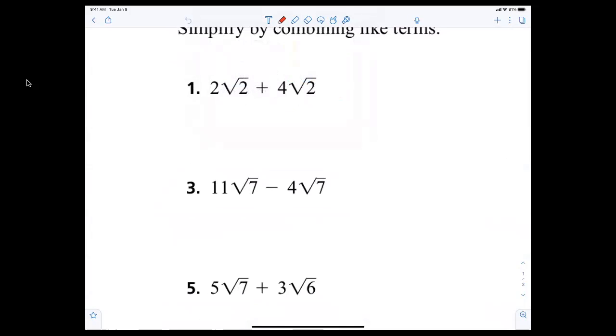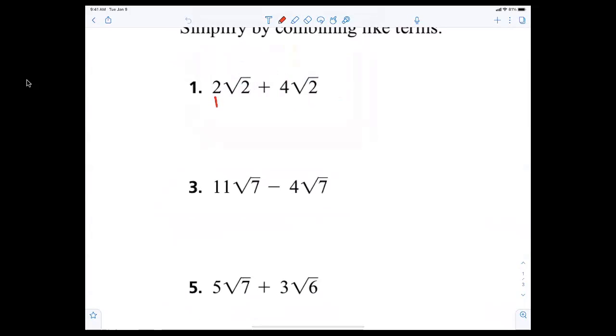The number in front, as always, tells you how many of these you have. So there are 2 radical 2's, and we're adding 4 radical 2. Altogether, that gives me 6 radical 2. Now, what holds the 6 and the radical 2 together?